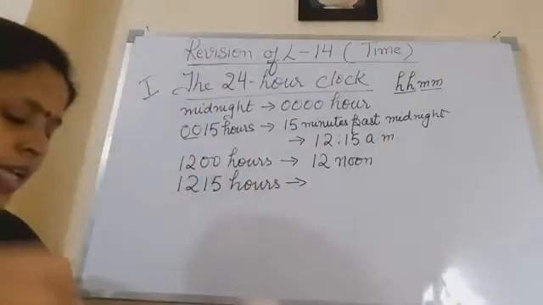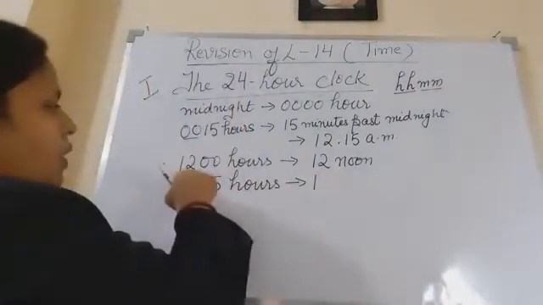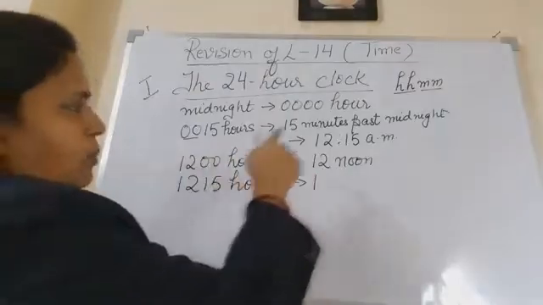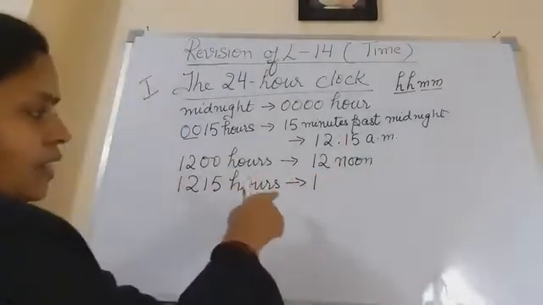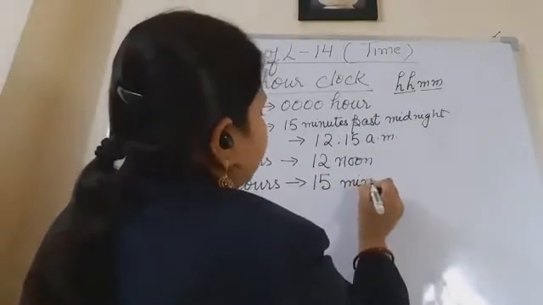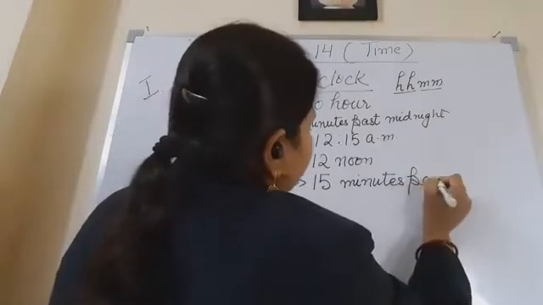It means 15 minutes past noon, because 12 hour means 12:00 hours in the 24-hour clock, which means 12 noon. So 12:15 hours means 15 minutes past noon.